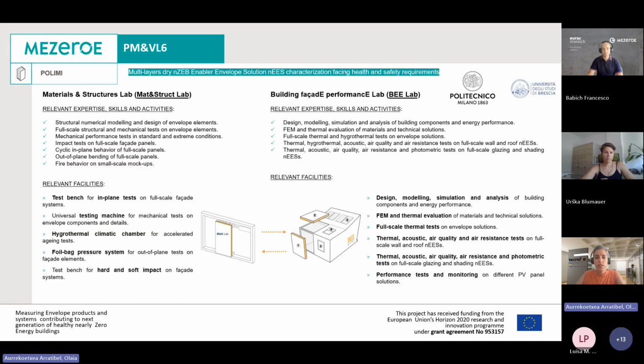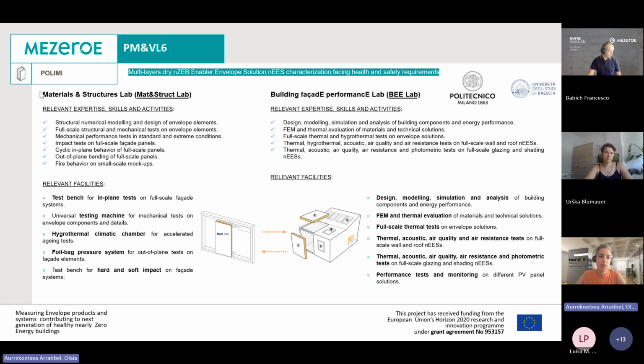Then we have pilot line 6, which is led by Politecnico di Milano and Università di Brescia, where they offer different testing facilities, divided into two.